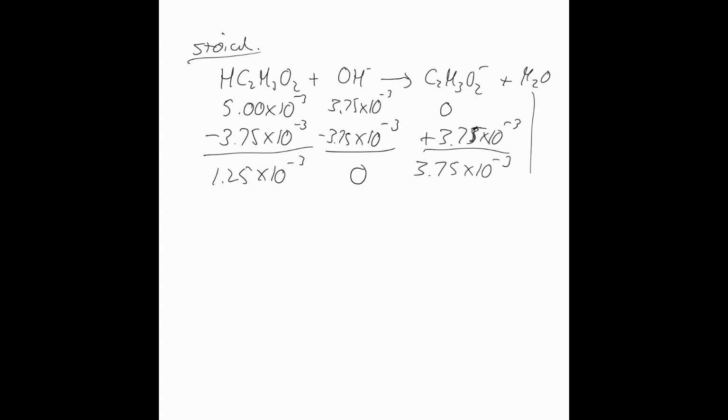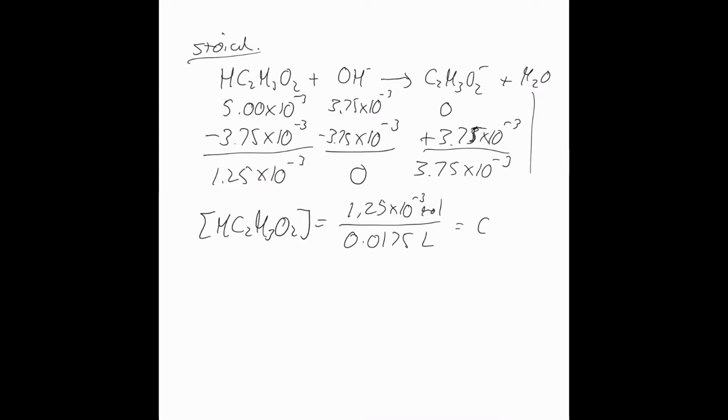Now, we could take those, and actually we will, to figure out the concentration. We would divide 1.25 times 10 to the minus 3 moles by 17.5 milliliters, so that's 0.0175 liters.